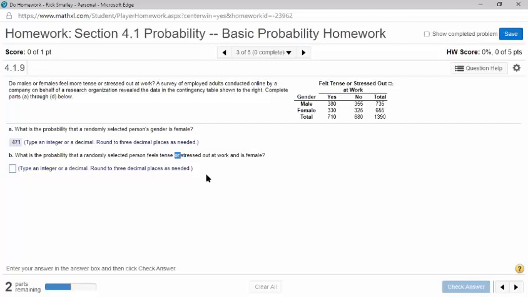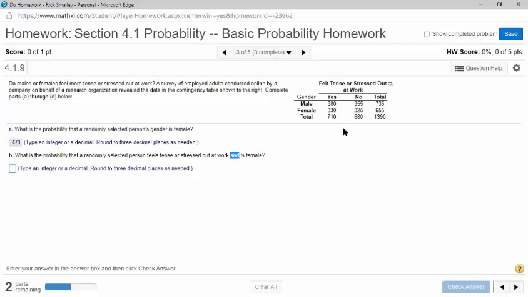It should just say stressed out at work. It doesn't really need all that. That "or" is a little rude there. What we're looking for is the "and" right there. It didn't need to put that word "or" in there to make things more confusing. So ignore that "or."